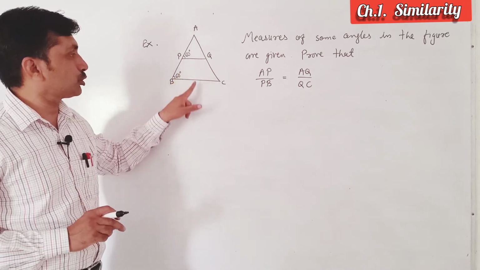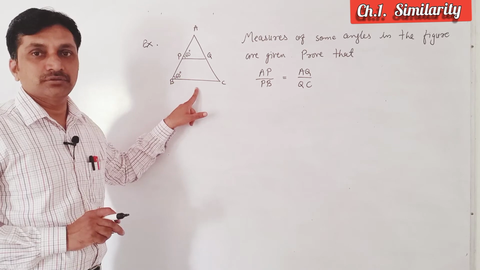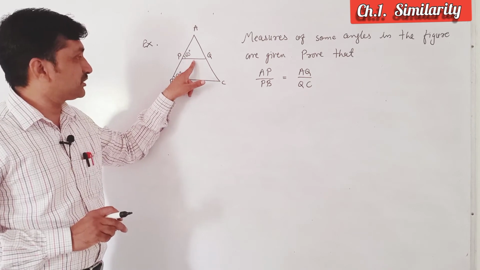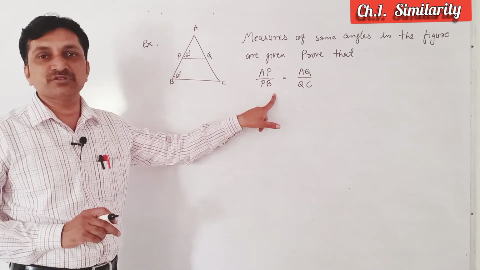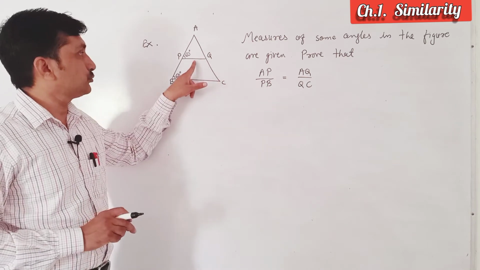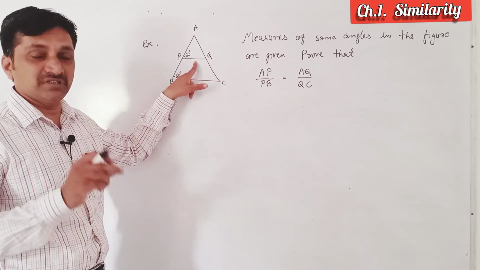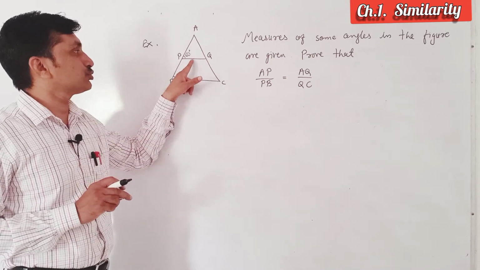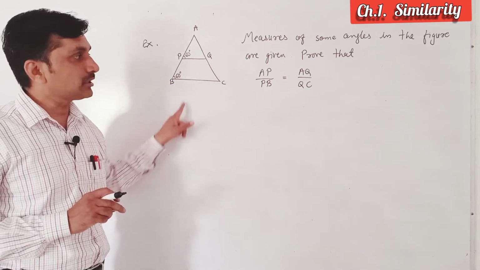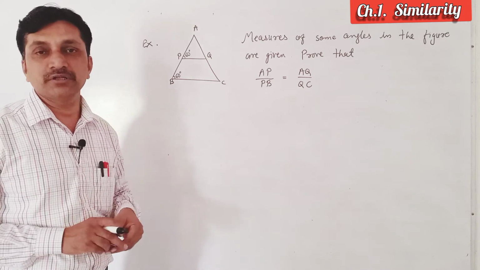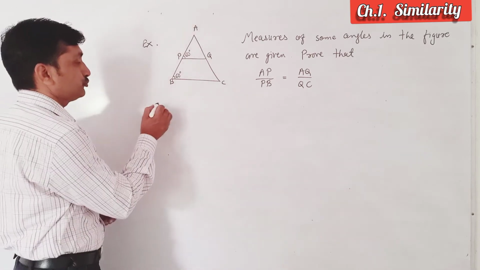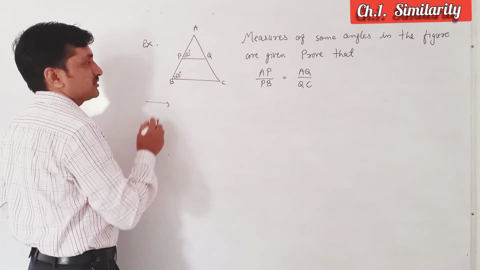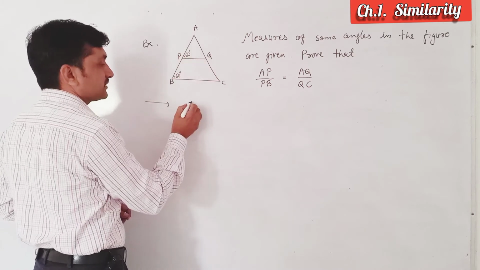Here PQ is not given parallel to BC. If it is given PQ parallel to BC, then directly we can write this by BPT. But here the most important condition is that the line is not given parallel, and we have to show this line parallel to this, and then directly we can write by BPT the ratios are equal. Now what to do for that? For that we have to use this information. Here angles are given.